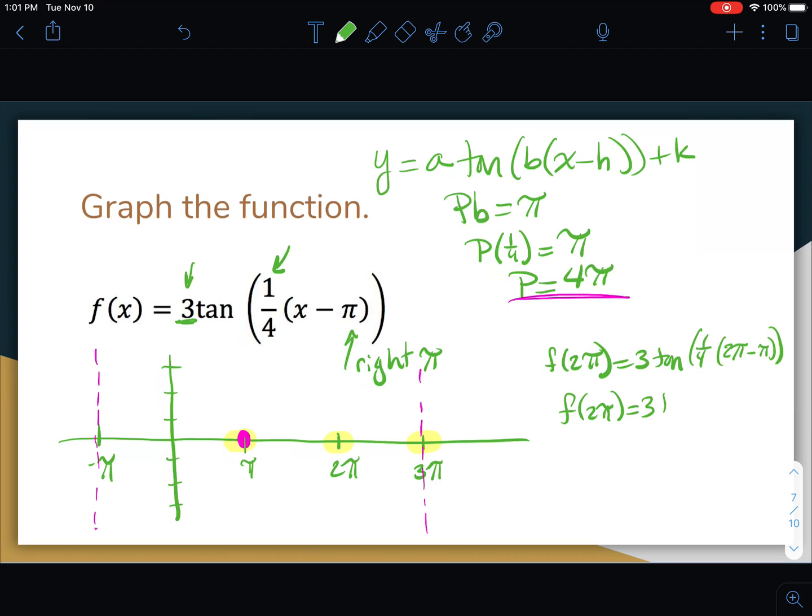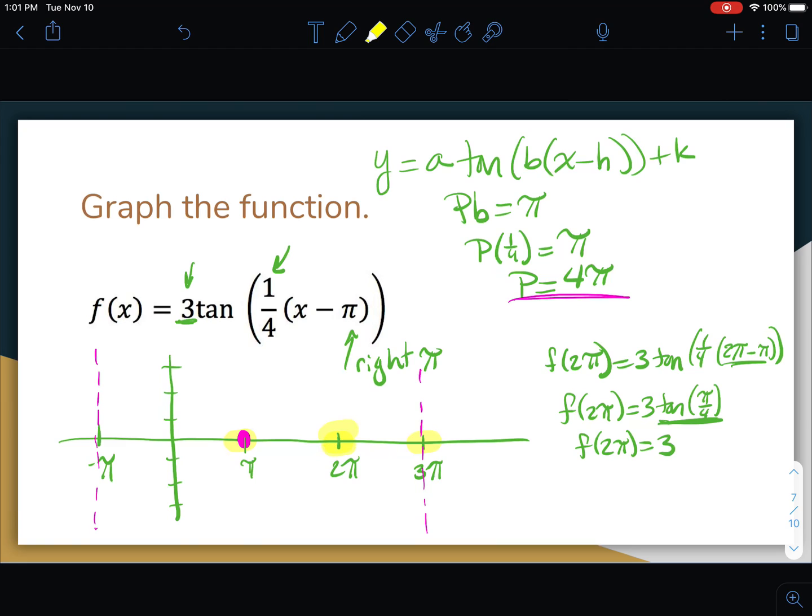All right, f of 2 pi is 3 times the tangent of 1 pi times 1/4, which is pi over 4. We know tangent of 1/4 pi is just 1. So f of 2 pi is going to be 3.